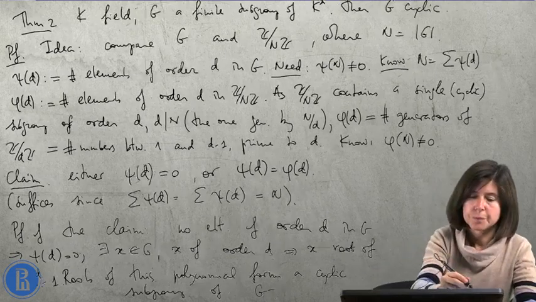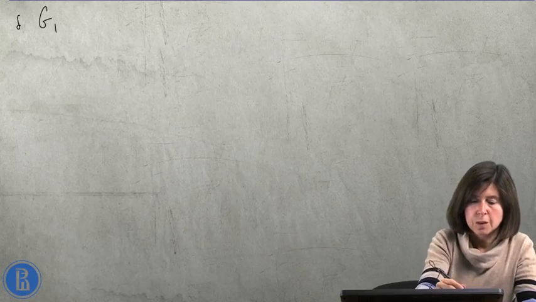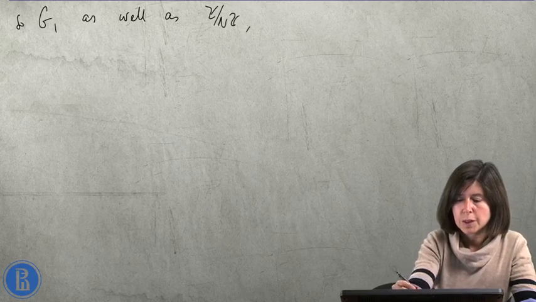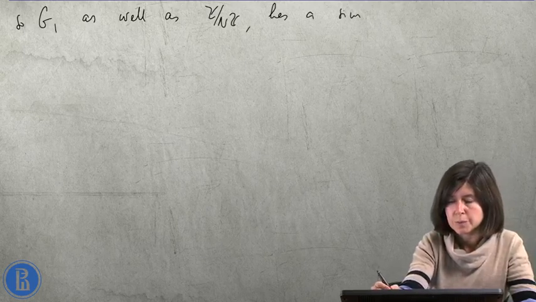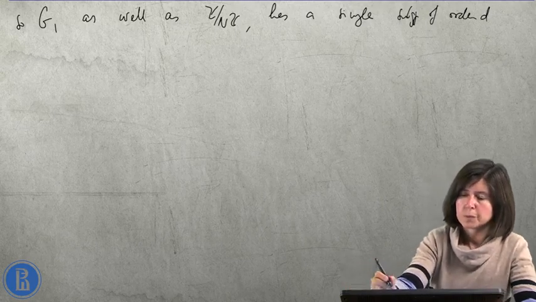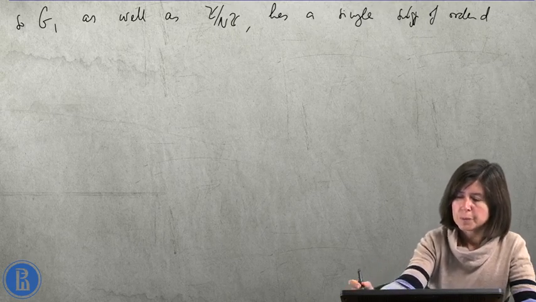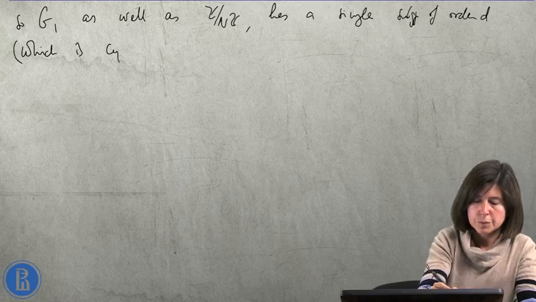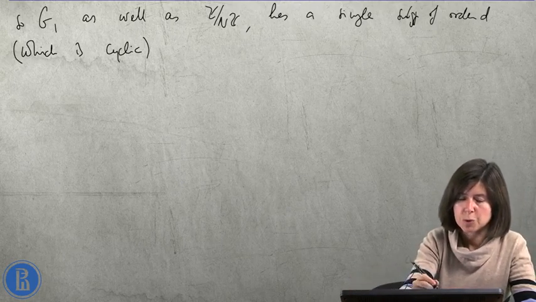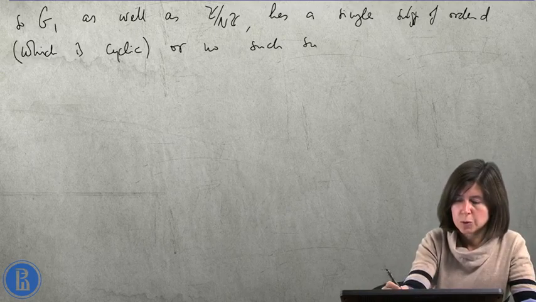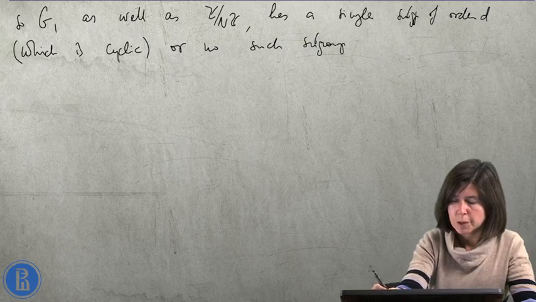So G, as well as Z modulo nZ, has a single subgroup of order d, which is cyclic, or no such subgroup at all.